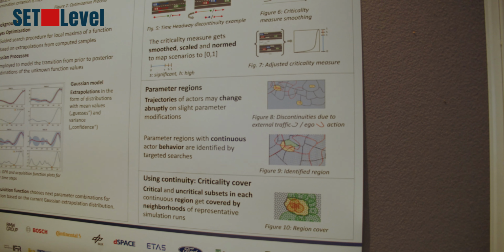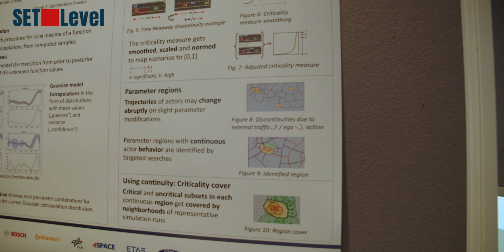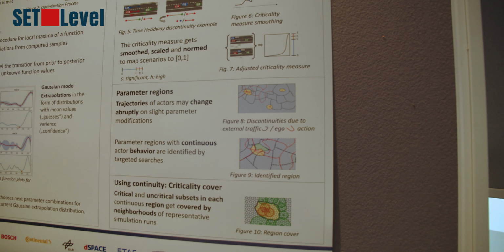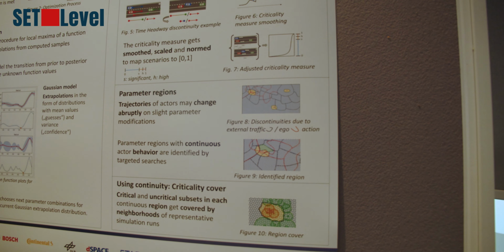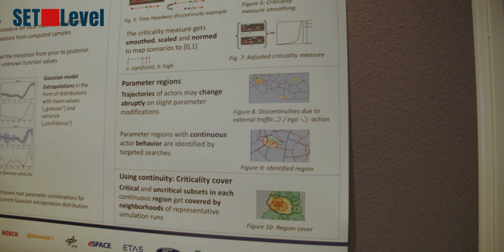But between waiting for the pedestrian and passing before, this is influenced by the parameter combinations, and there will be a switch, an abrupt change of behavior with a minimal change of parameters.